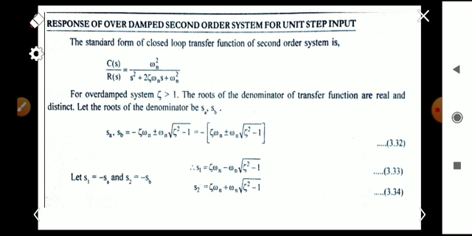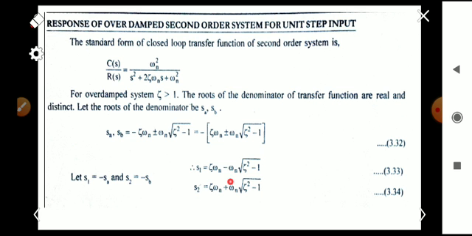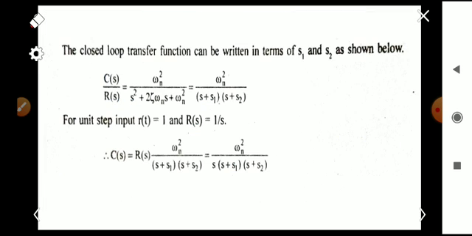The roots are sa and sb, that is minus s1 and minus s2. So here we replace the denominator term with s1 and s2. Once again, s1 is zeta omega n minus omega n root of zeta square minus 1, and s2 is zeta omega n plus omega n root of zeta square minus 1.